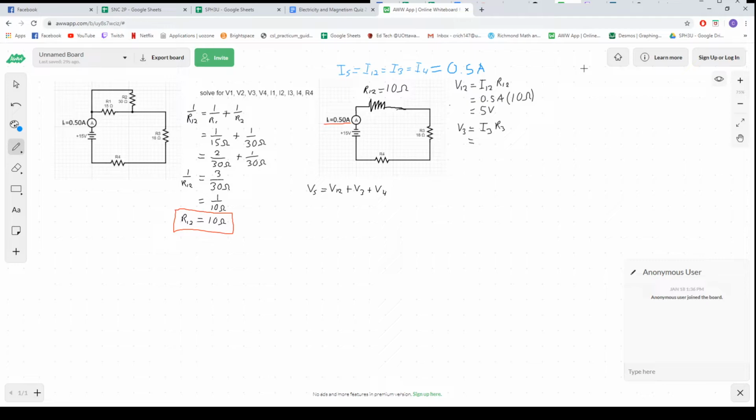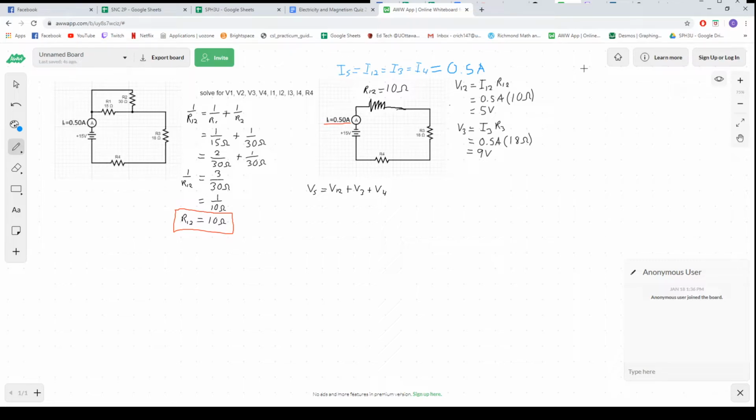There we go. Okay, so 0.5 times R3. Our R3 is 18 ohms. 0.5 times 18 is just half of 18, which is going to give us 9, and we are measuring a voltage, so we measure it in the units of volts.